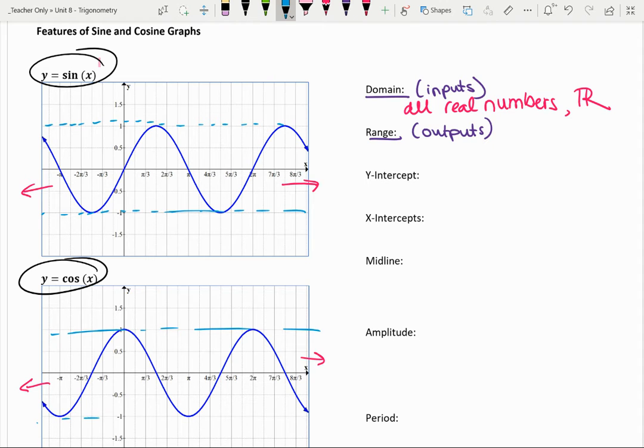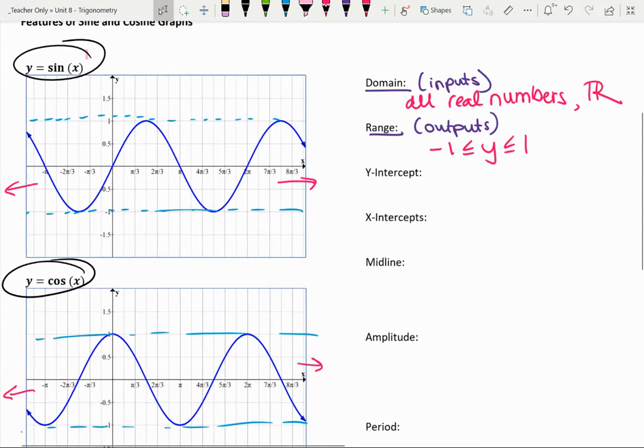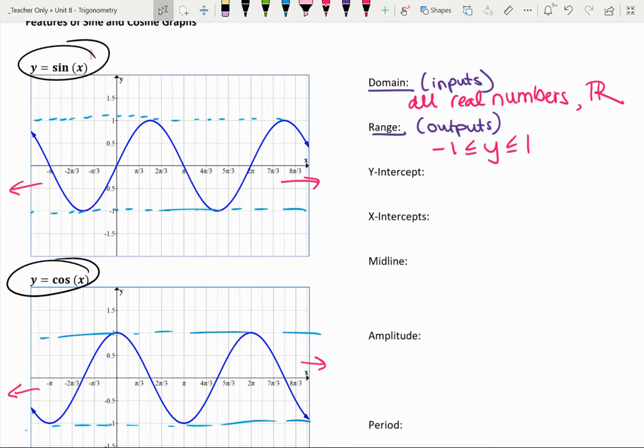So since those y values keep bouncing back and forth between -1 and 1, that's the limitation of our range. So our range here is all the y values between -1 and 1, and I make that inclusive. I put equal to because it does actually equal exactly 1 or exactly -1.